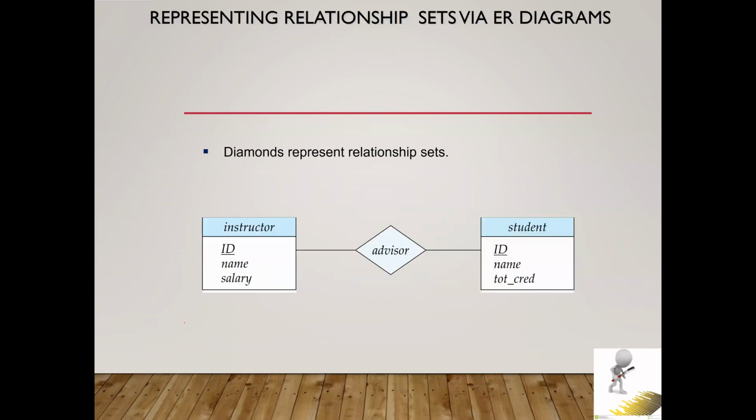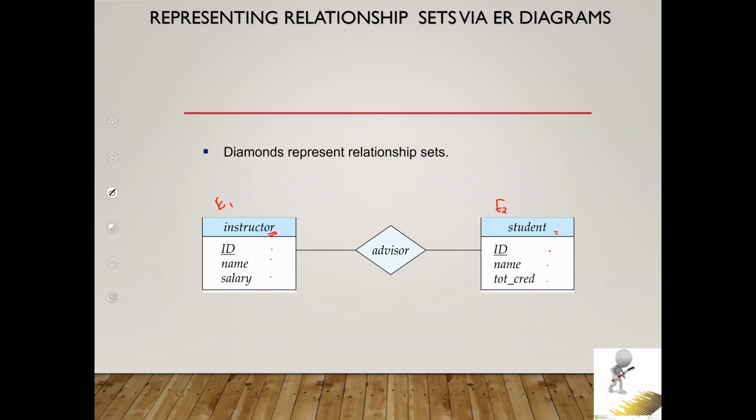Now, let's see how we draw a diagram. You know that when you draw the ER diagram, an entity is drawn in a rectangle where you write the entity name on top and the attributes below. You even have another entity called E2. You write the entity name over here and then you write the attributes below.